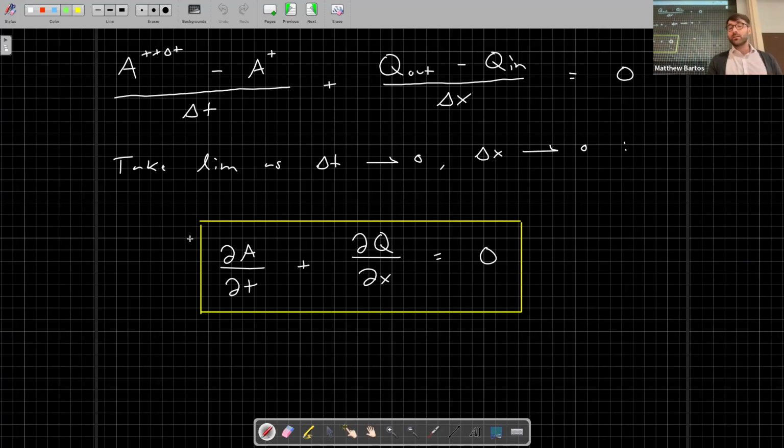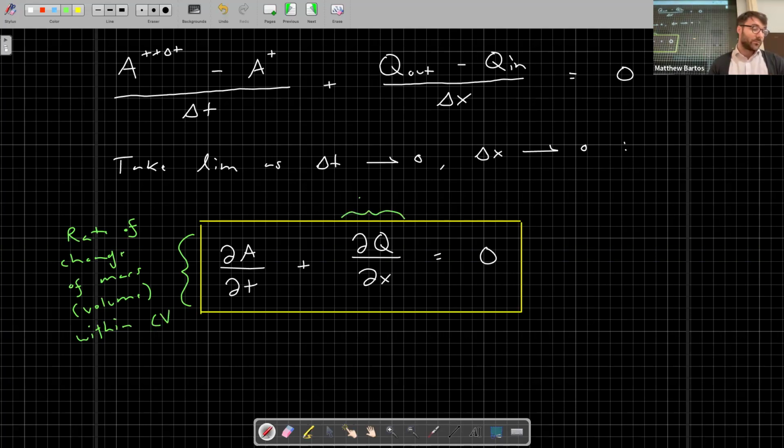Let's just quickly review what each of these terms means. The dA by dt, this refers to the rate of change of mass, or equivalently volume, within our control volume. And the second term refers to the mass flux through our control volume.